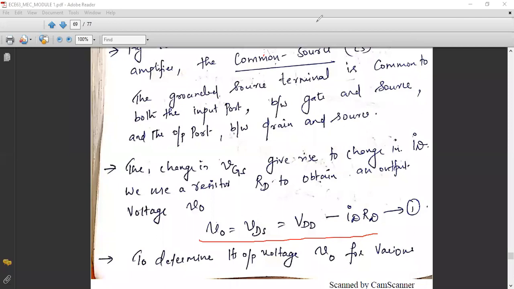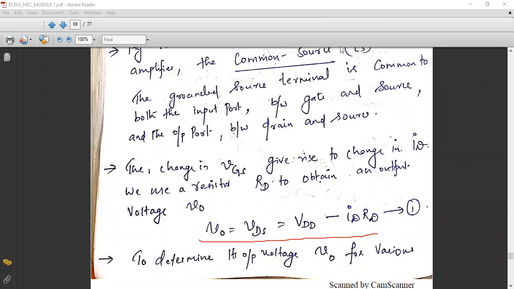Your input is not a constant, it is not a DC. Your input is AC, which will be very weak, and it is to be amplified by using a common source MOSFET amplifier. So corresponding to the instantaneous variations in your input voltage, we have to determine the output voltage V0 across the drain and source.